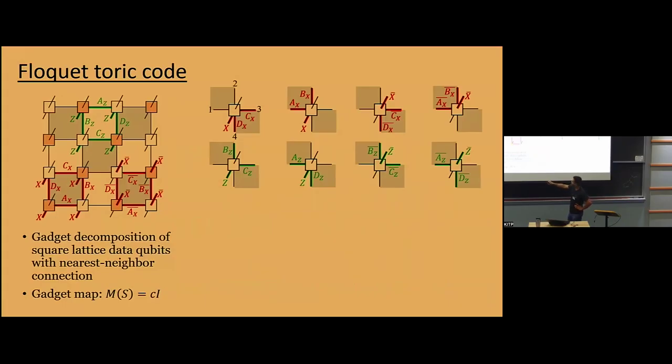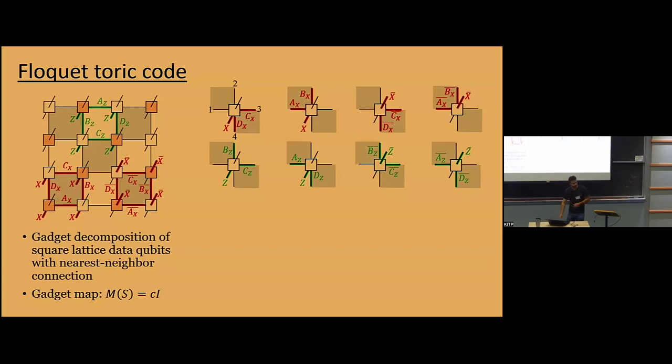And the condition that we want to impose on these gadgets, one condition is that they should map the stabilizers, the Pauli operators associated with the stabilizers, when you map them onto the internal legs, to identity. So that's one condition, because in the ZX diagram, you want to measure them. You want to collapse them to some eigenvalue, so C times I. So that's the constraint we have.